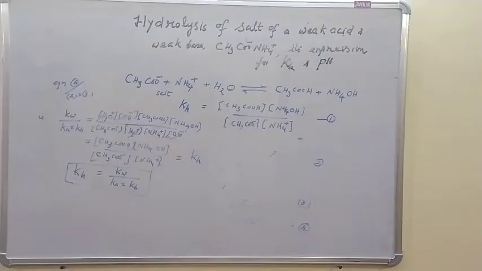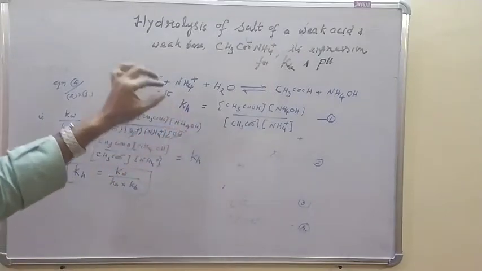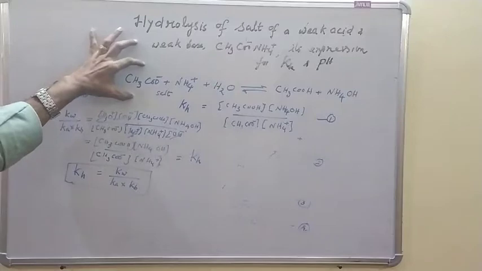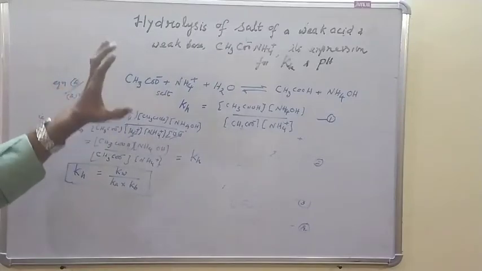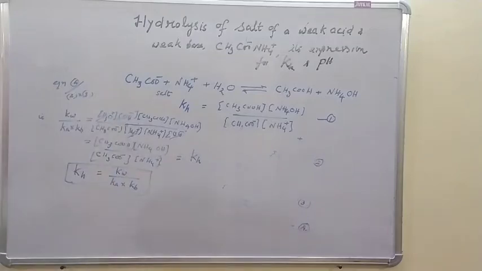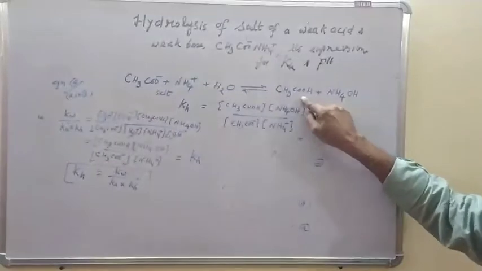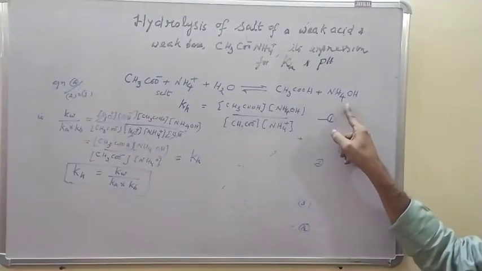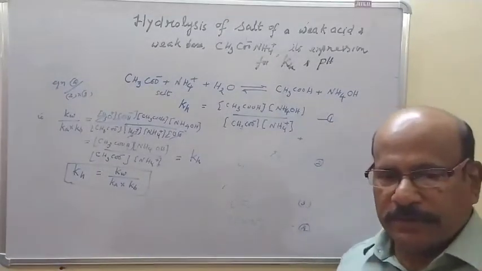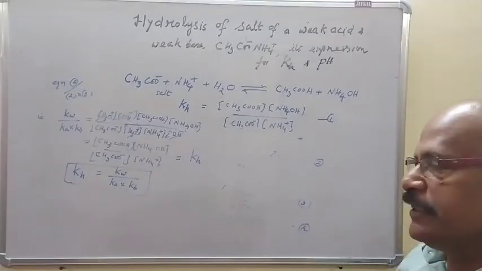Then we have to consider this equilibrium. We have C moles per liter initial concentration of ammonium acetate, and before hydrolysis we have zero concentration of acetic acid and zero concentration of ammonium hydroxide. Let alpha be the degree of dissociation.